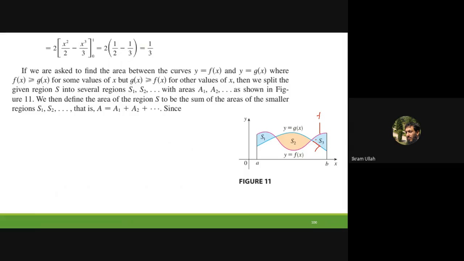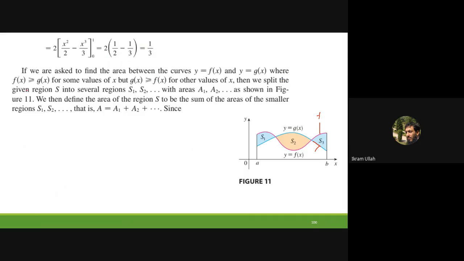So in a situation like that, we have to find the area between the curve y is equal to f of x and y is equal to g of x, where f of x is greater or equal to g of x for some values of x, but g of x is greater or equal to f of x for other values of x in the interval.